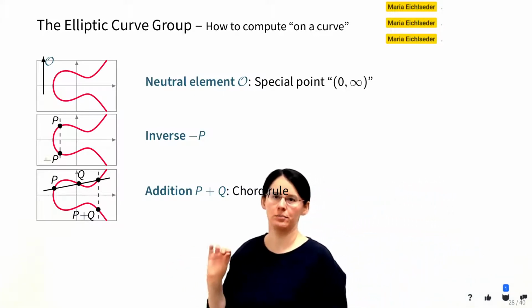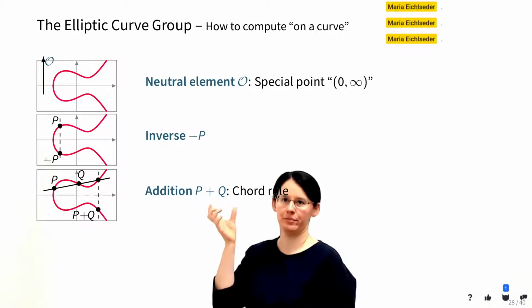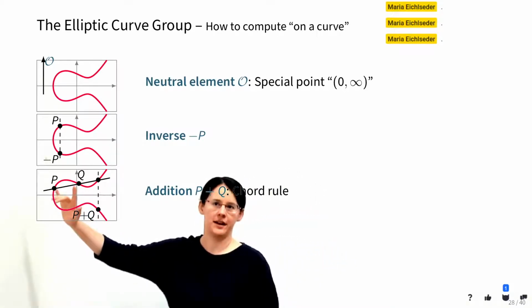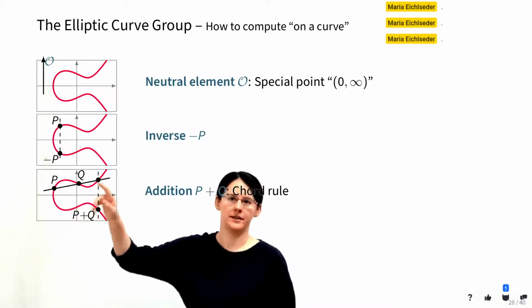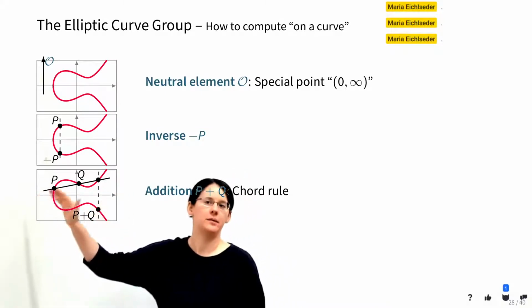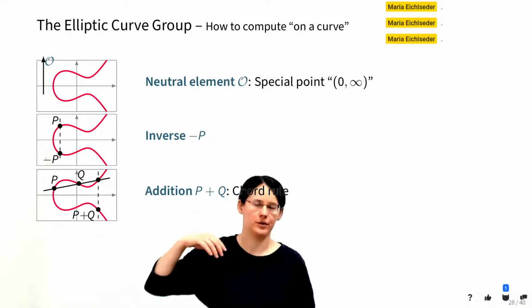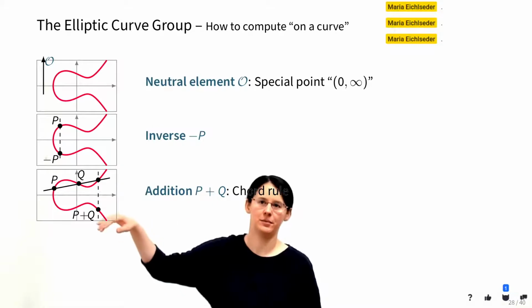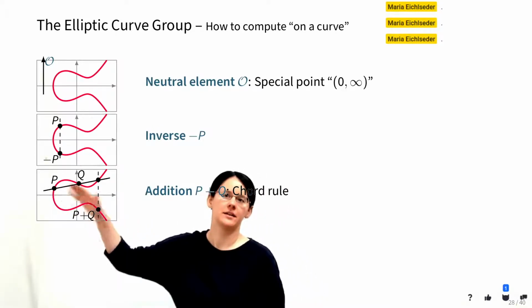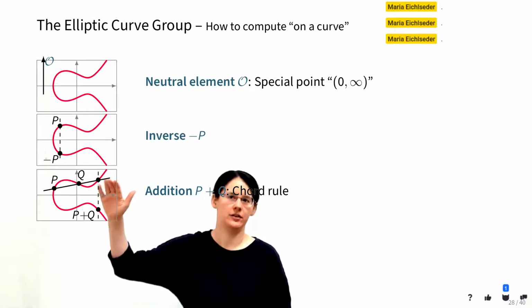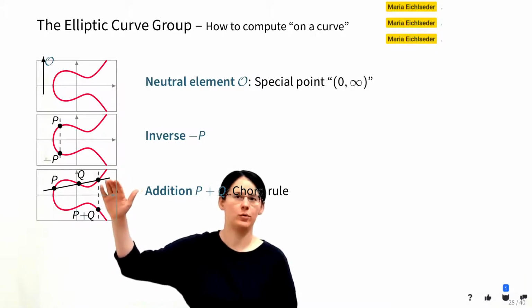So to add 2 points on the curve, P and Q, what we do, in the geometric interpretation, is we draw a line through these 2 points. And because of a magic property of the elliptic curves we defined, again, if you want to know more details, I can give you some reading recommendations, this line will intersect the curve in exactly one more point.